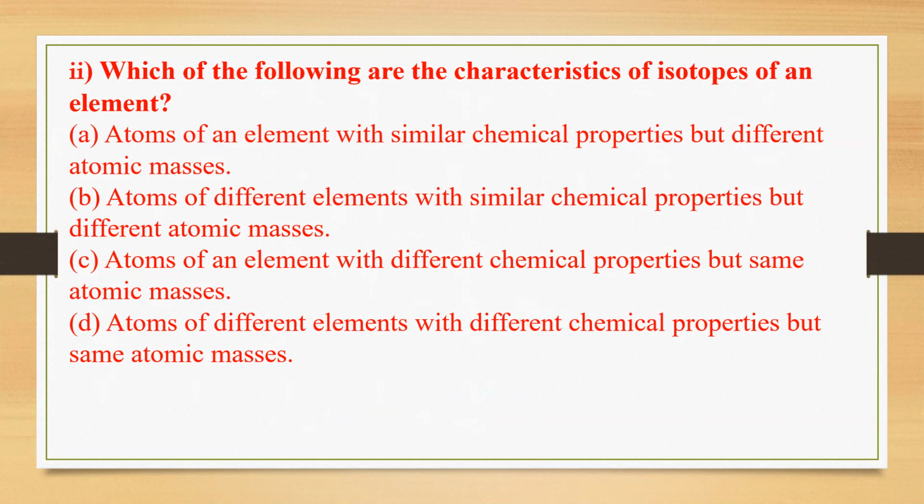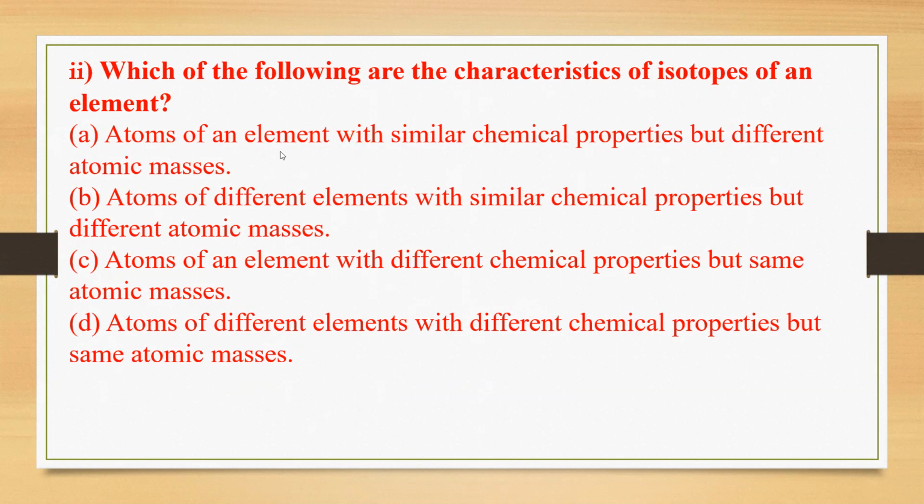Atomic mass is the same for isobars. Atomic mass is different for isotopes. Isotopes mean the atomic number is the same, the atomic mass will be different. Among these 4 statements, we will try to identify which is the correct one.